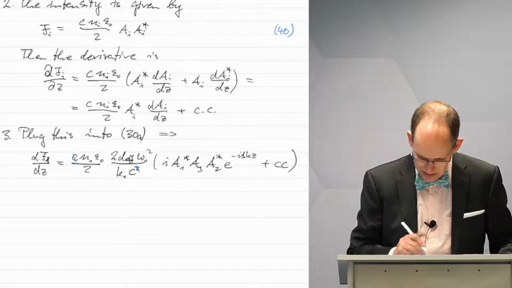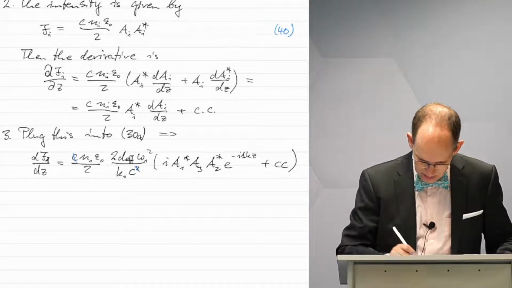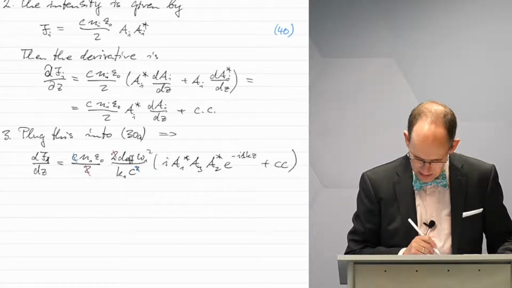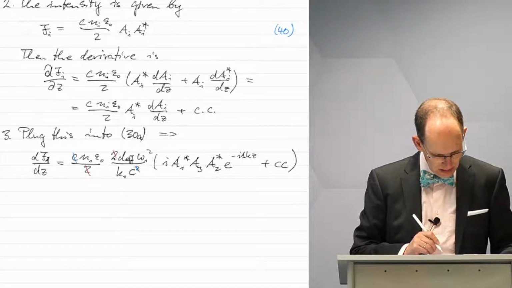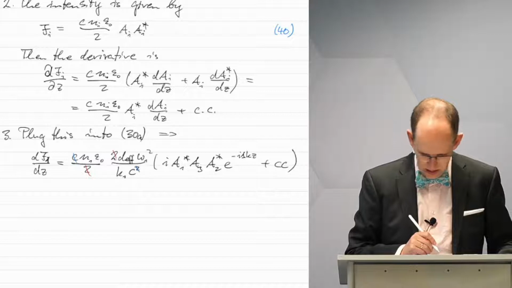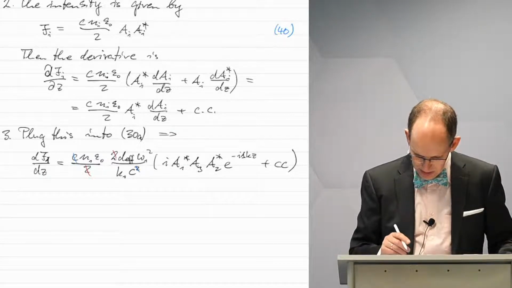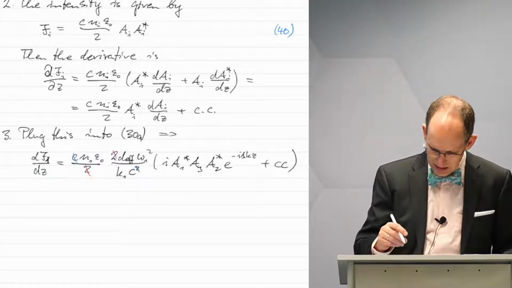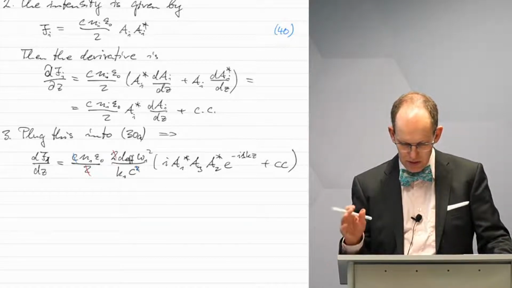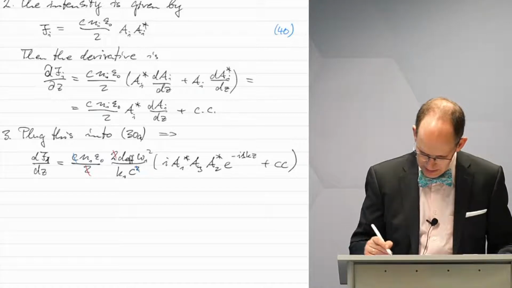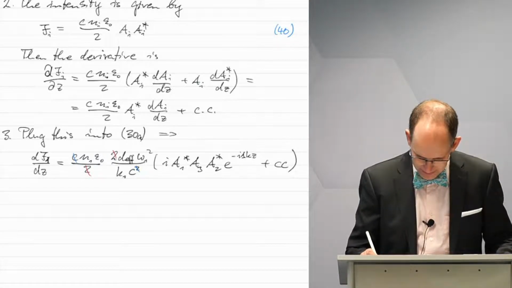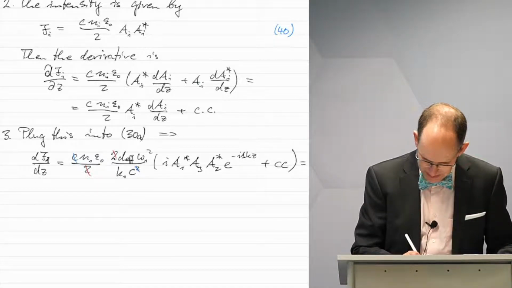This one cancels. This one here cancels. What else? Yeah, that's it already. Yeah, we can of course then write k as n times omega divided by c, and then more cancels.